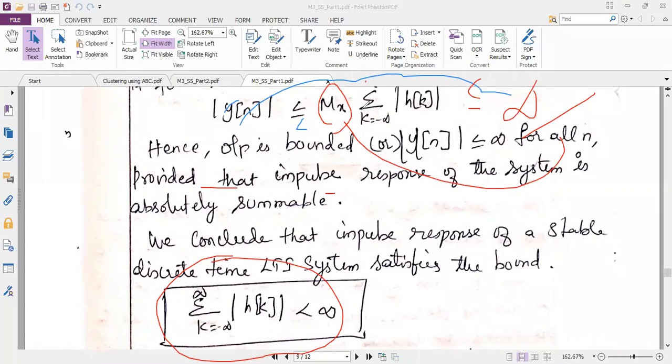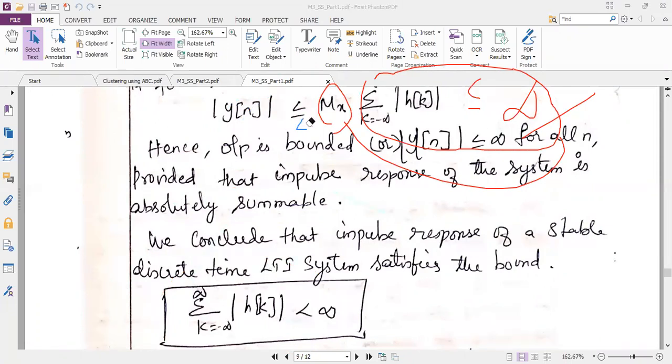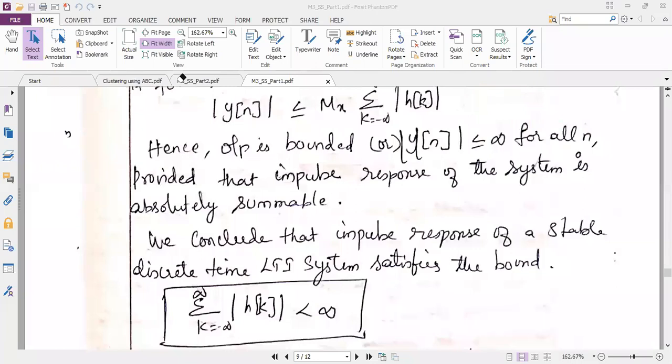So I can say the summation k equal to minus infinity to plus infinity, magnitude of h of k is less than infinity. If they ask you to check whether the system is stable using the impulse response, then you have to use this formula: summation k equal to minus infinity to plus infinity, magnitude of h of k less than infinity.